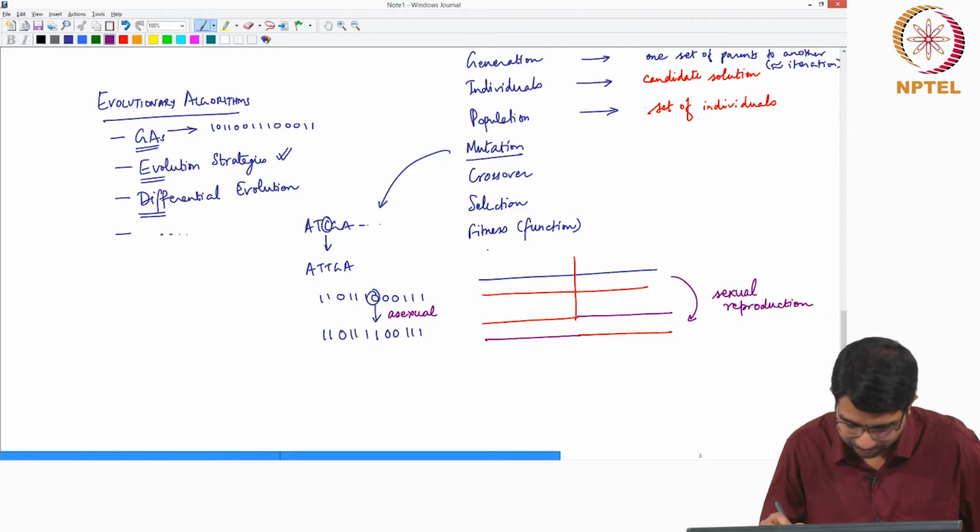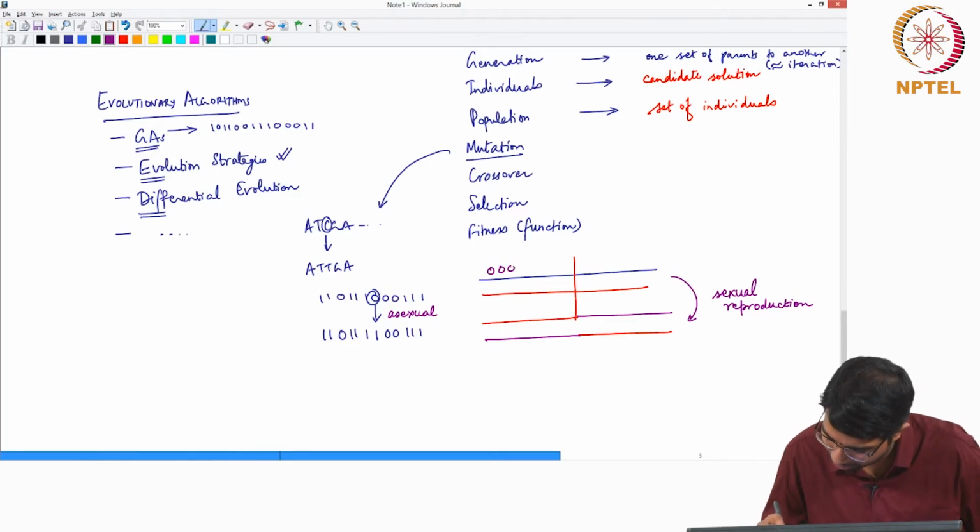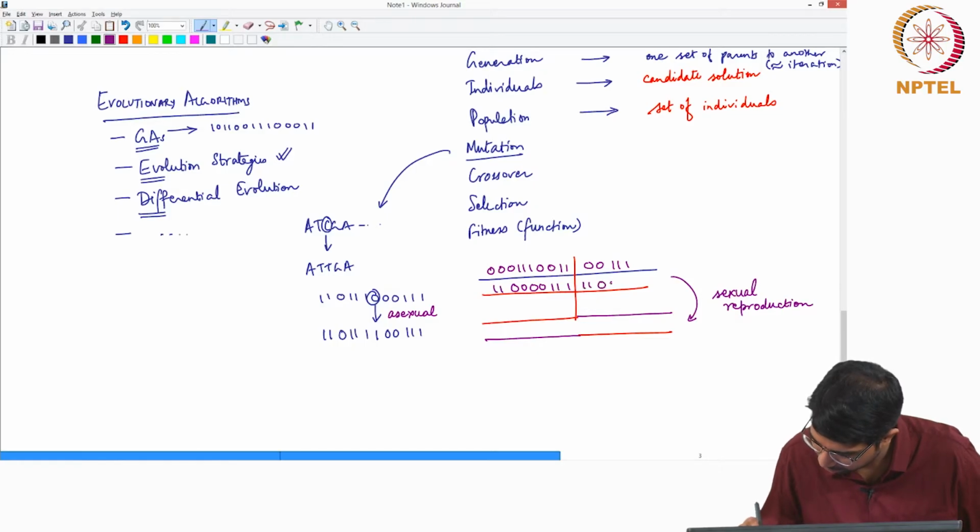Okay. So, what does crossover mean? So, you have 0 0 0 1 1 1 0 0 1 1 0 0 1 1 1 and 1 1 0 0 0 0 1 1 1 1 1 0 0 0 0.